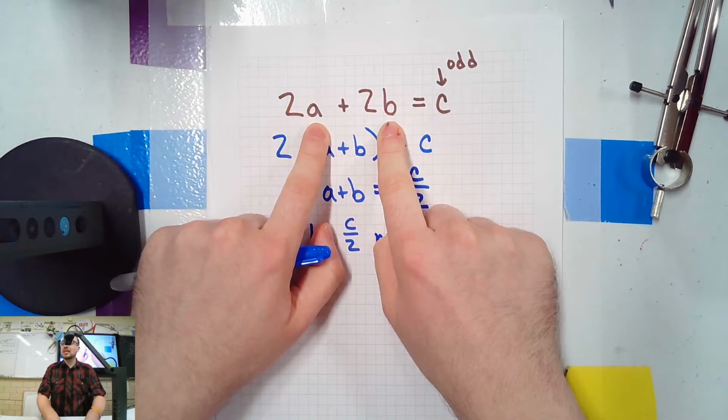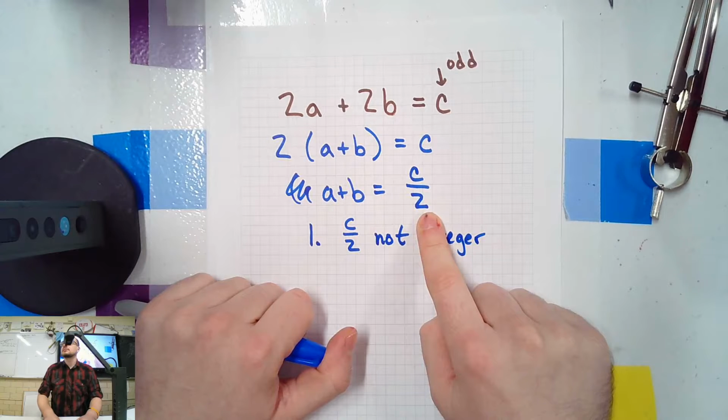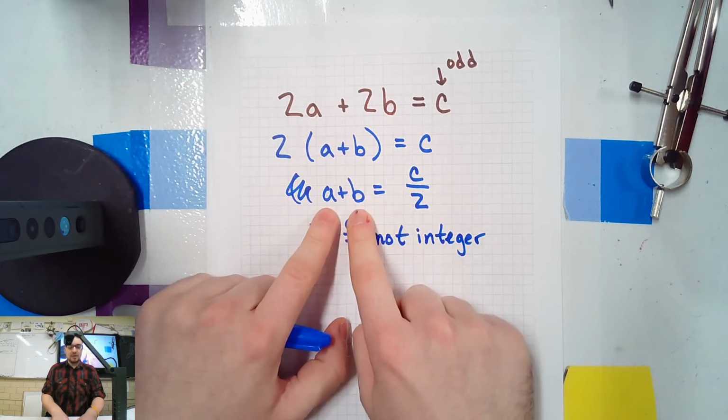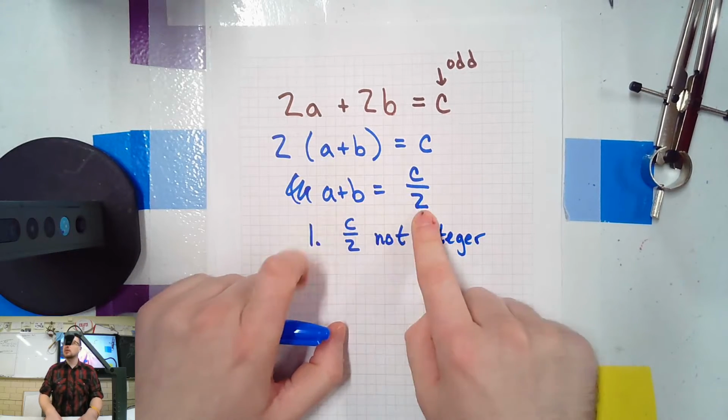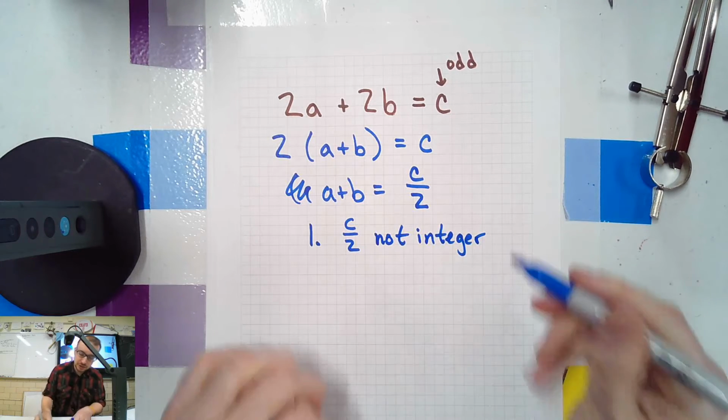We said that they are both even, right? And A and B are whole numbers, integers. So how do 2 whole numbers get you a fraction? You see what I'm saying here? If this was like 3 over 2, how do I take 2 whole numbers like 2 and 1 and get 3 over 2? It's impossible. Can you ever take 2 whole numbers and get a fraction when you add them together? No way. So this is a contradiction, right?